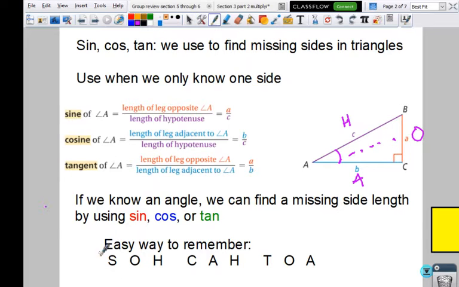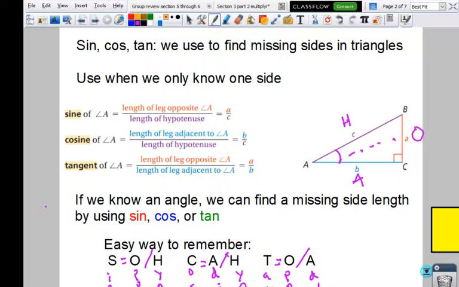What this means is that sine equals opposite divided by hypotenuse. Cosine equals adjacent divided by hypotenuse. And tangent equals opposite divided by adjacent.